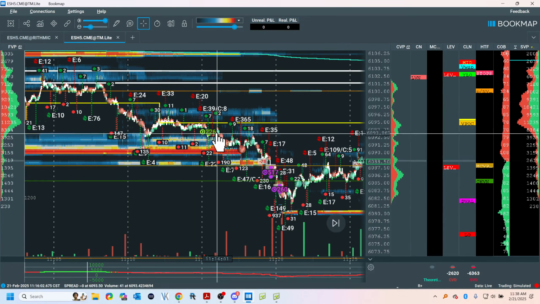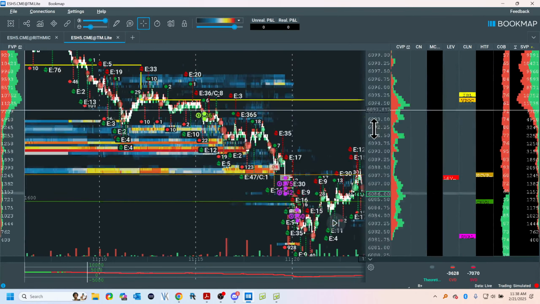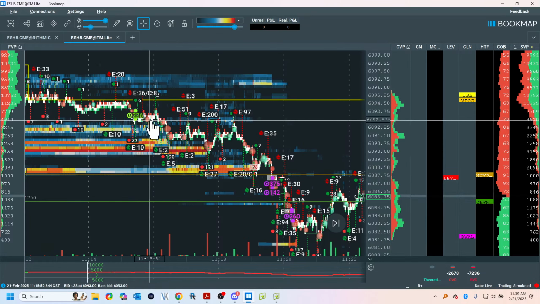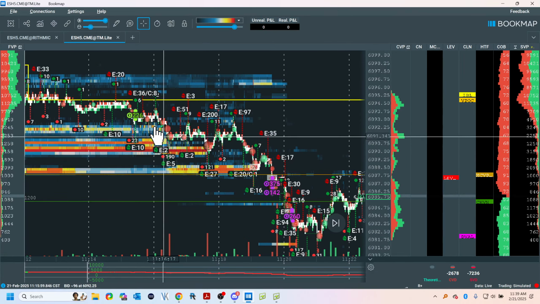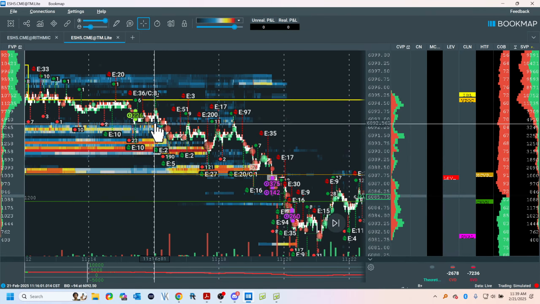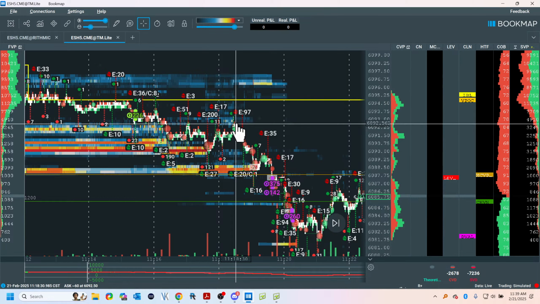Sellers below. Resistance. Resistance is here. Sellers are below the buyer, and the buyers there. Resistance under here. Resistance. Same place. See it? Triggers.